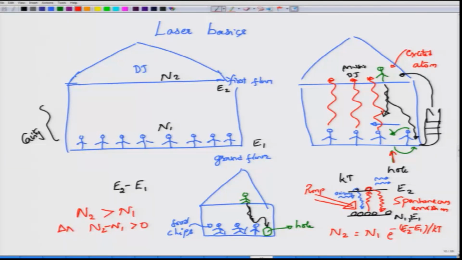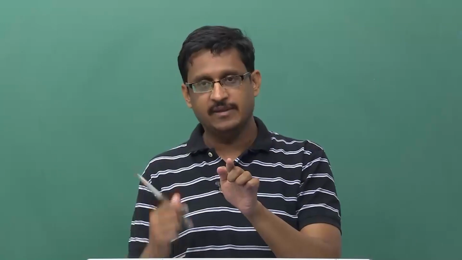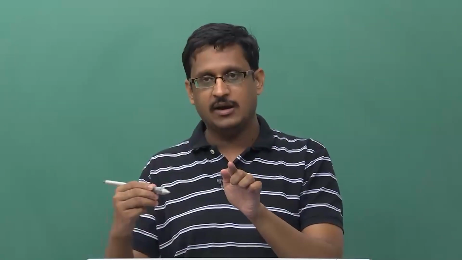We denote this difference N2 minus N1 by delta n and call it the population inversion. Inversion means inversion, right. You had most of the electrons in the ground state, but after pumping most of the electrons have been pushed into the higher energy state, and if they sustain there for some time, when you put some noise photons here, they would all drop down and generate stimulated emission.